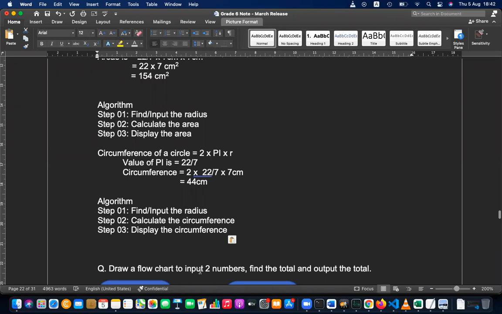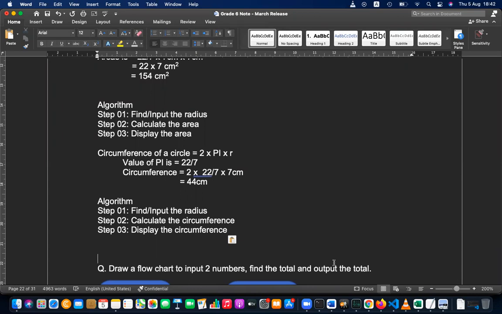Draw a flow chart to input 2 numbers, find the total and output the total. Okay, write down this question.